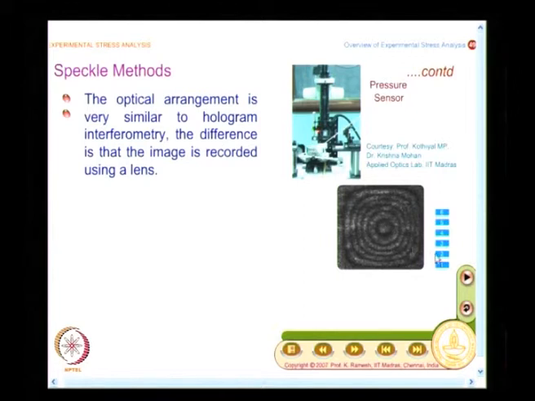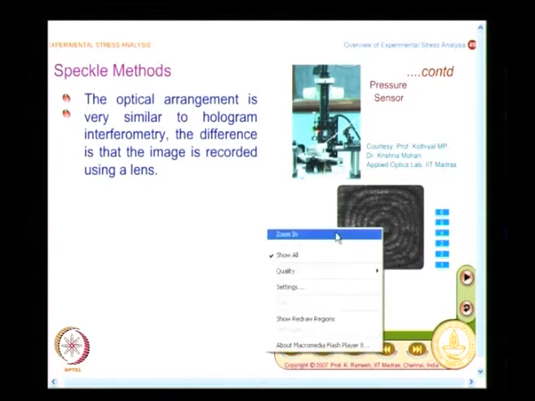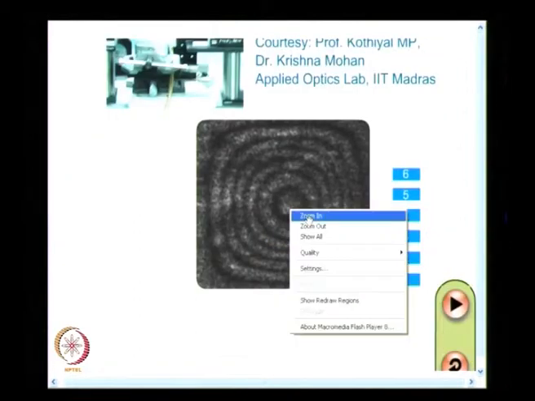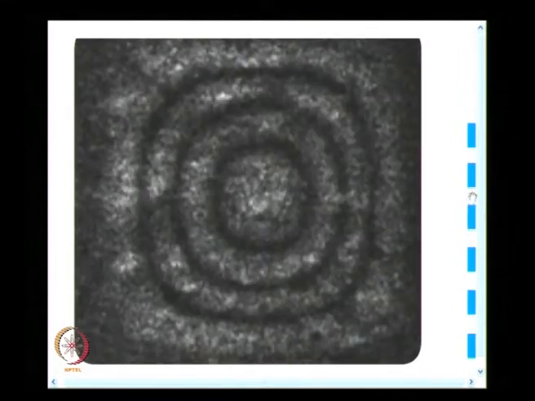And what you have here is a pressure sensor, and I can change the load here, and you can see the fringes, and the first impression you get is they have very low contrast, and they are not as smooth as what you get in photoelasticity. They have speckle, you will see dots everywhere, and you have a collection of dots. So, it is quite difficult for you to extract information.